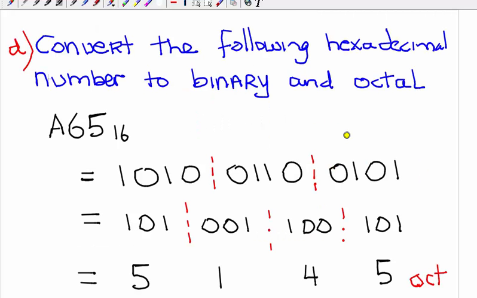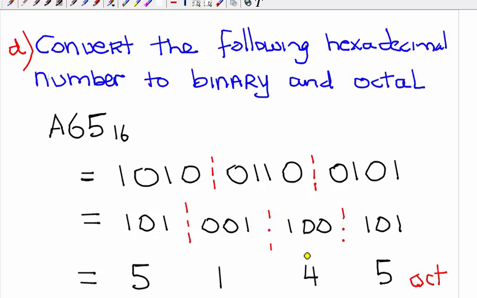So one more and we'll leave it there. A little bit longer this time. We have 3 digits here, A65. That's in the thousands in decimal numbers, probably 2,500 and something. So A is 1010, 6 is 0110, and 5 is 0101.